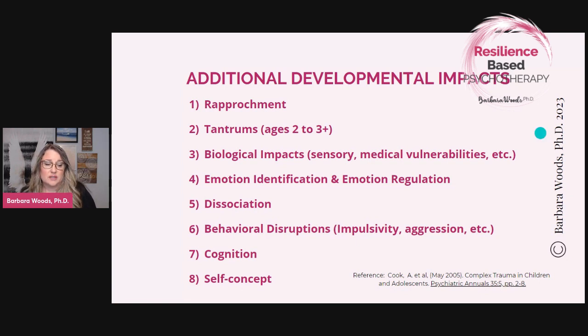And cognition, there are impacts on brain development when there's trauma. If the brain is hijacked and in survival mode all the time, having to protect itself, they don't develop the cognitive abilities and the language capabilities, or it will shut off when they are hijacked.